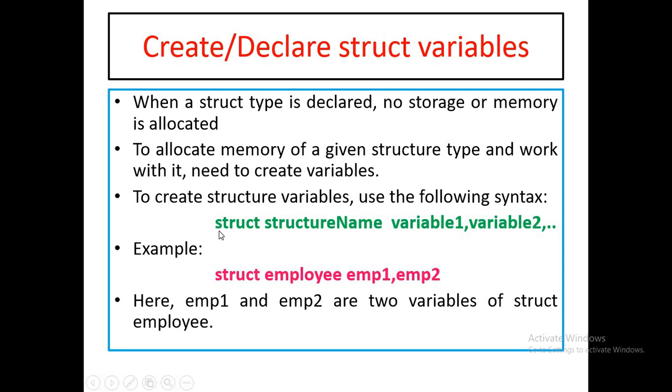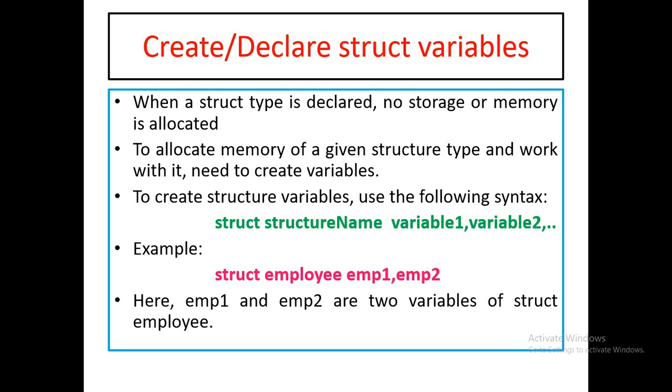That we can do by using struct, the structure name we have created, and the different variable names, which are of type structure. See here, in the example, struct is the keyword and employee is the structure name, and employee 1 and employee 2 are the variables of struct employee.